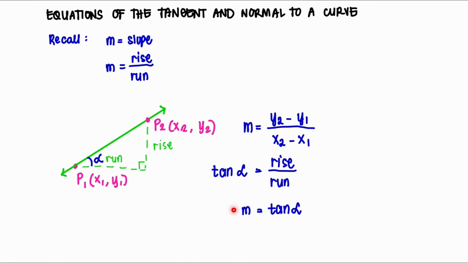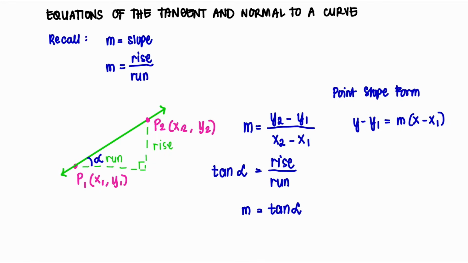Once we have the slope of the line, we can solve for the equation of the line using the point slope form, which is given by y minus y sub 1 equals m times x minus x sub 1, wherein x sub 1, y sub 1 are the coordinates of a given point where the line passes through, and m is the slope of the line.